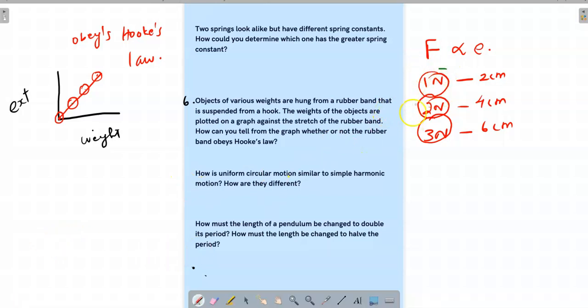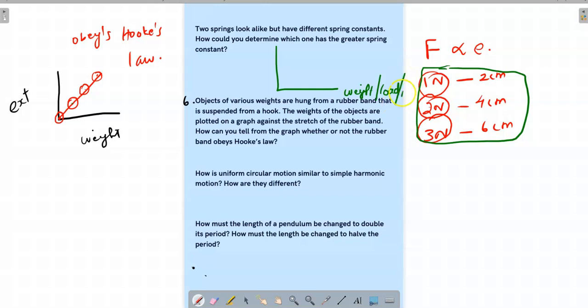Using this information, now when we draw a graph, here is the weight on the x-axis, or you can write load, or mass, and here extension or compression, whatever, with the unit centimeter here and Newton here.